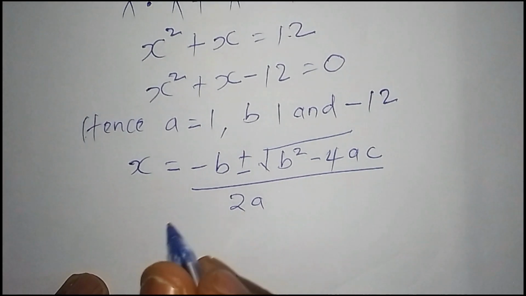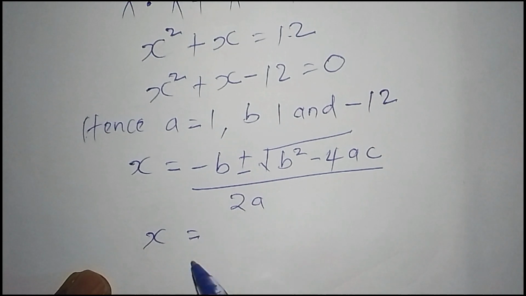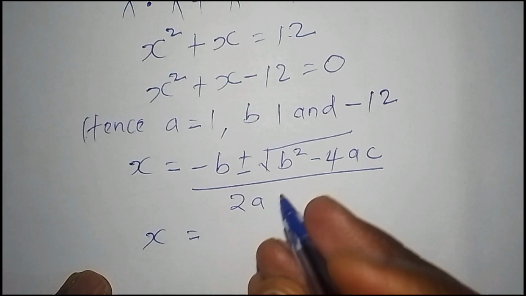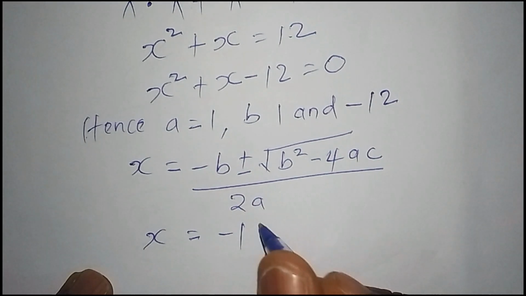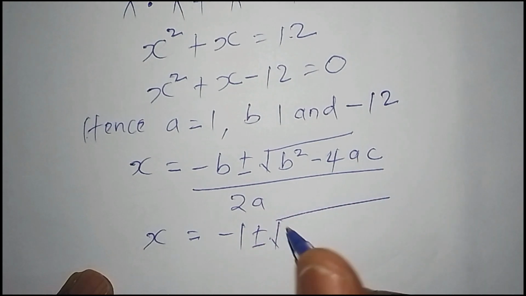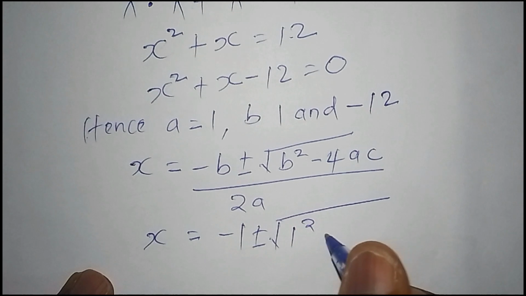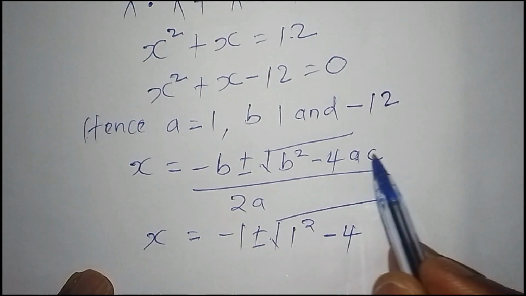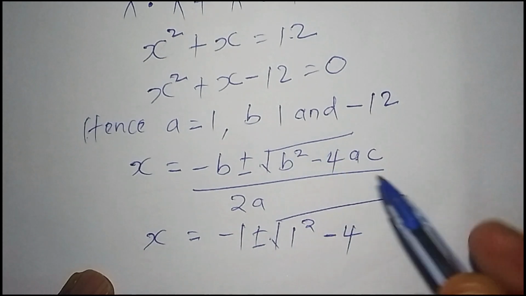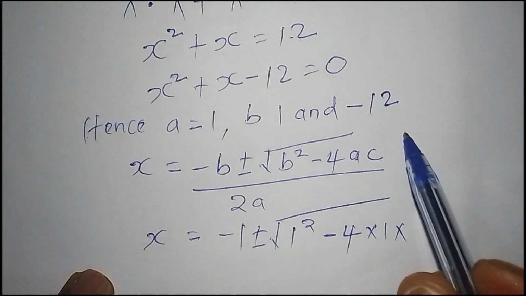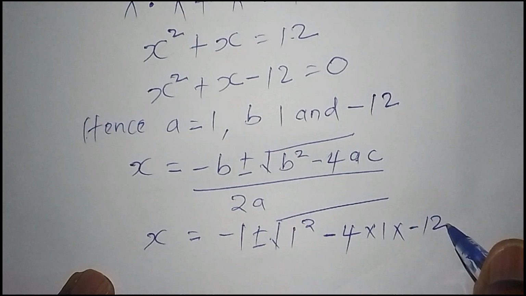So here we now say that x is equals to minus b, our b was 1, so we shall have minus 1 here. So plus or minus the square root of, our b is 1, so the square root of 1 squared, then subtract 4 times ac, which means we take 1 multiplied by 1, multiplied by c, and our c is minus 12.